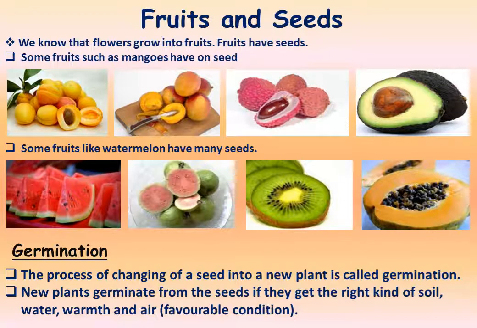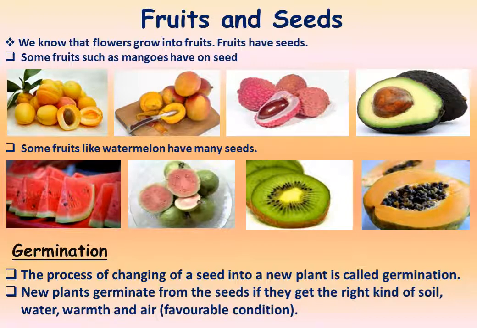What about fruits like mango? How many seeds does it have? Only one seed. But look at the pictures in the bottom part. All the fruits have many seeds. Watermelon, guava, papaya, and kiwi all have so many seeds. So they are different.